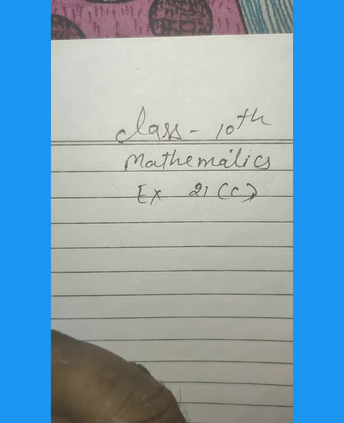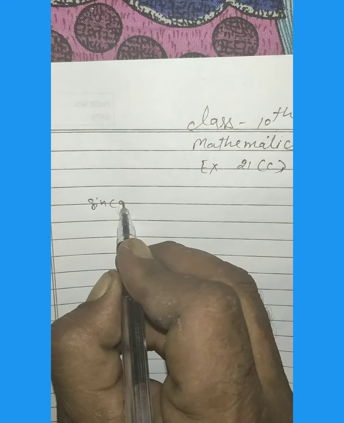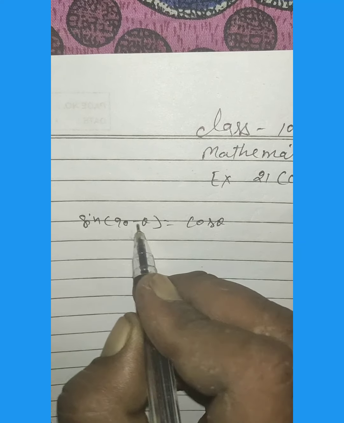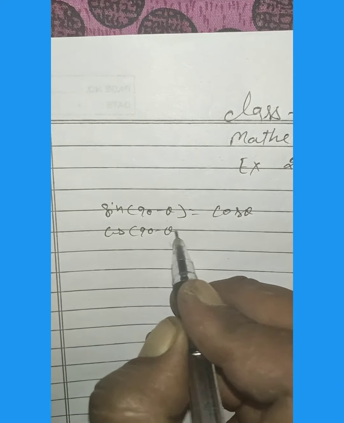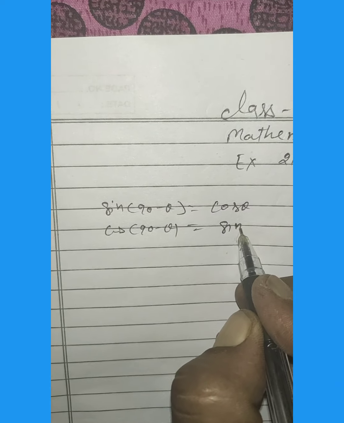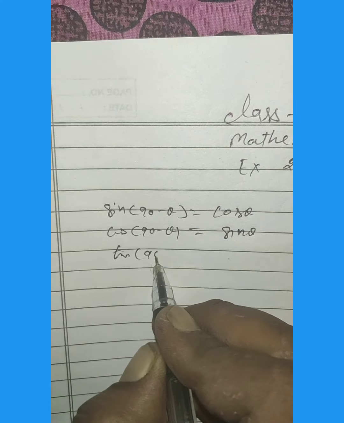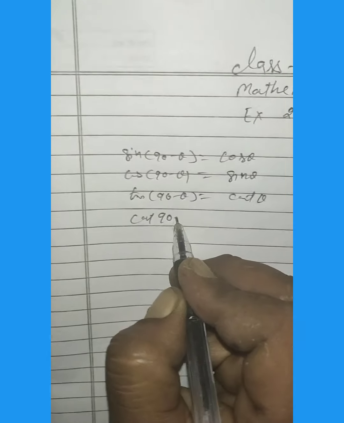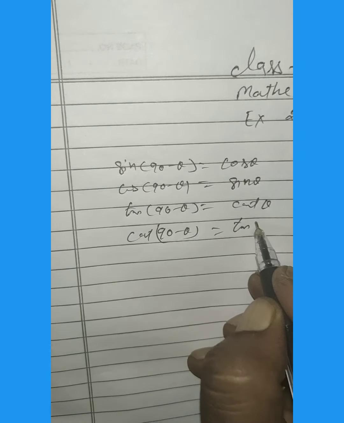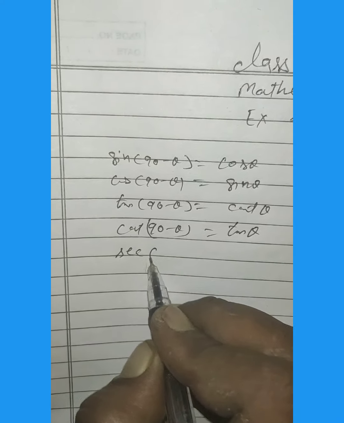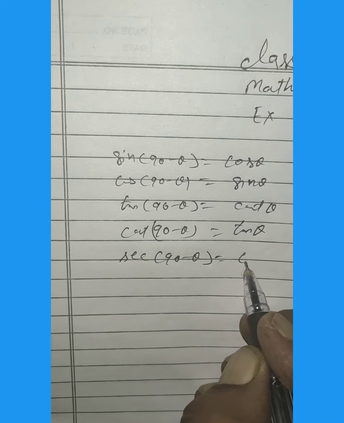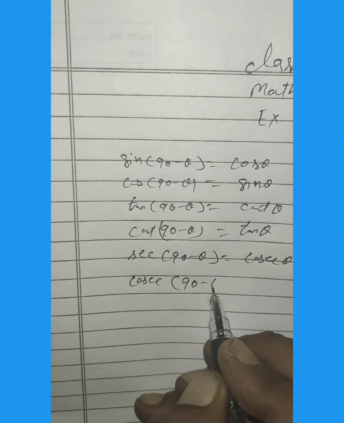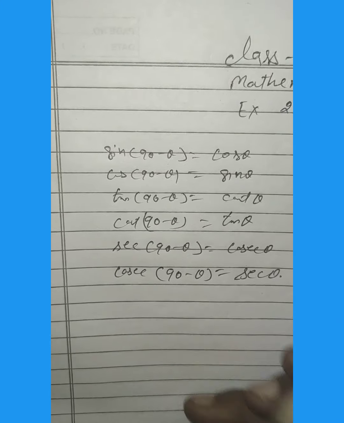First of all, remember that sin(90 minus theta) is equal to cos theta, cos(90 minus theta) is equal to sin theta, tan(90 minus theta) is equal to cot theta, cot(90 minus theta) is equal to tan theta, sec(90 minus theta) is equal to cosec theta, cosec(90 minus theta) is equal to sec theta. You have to remember this.